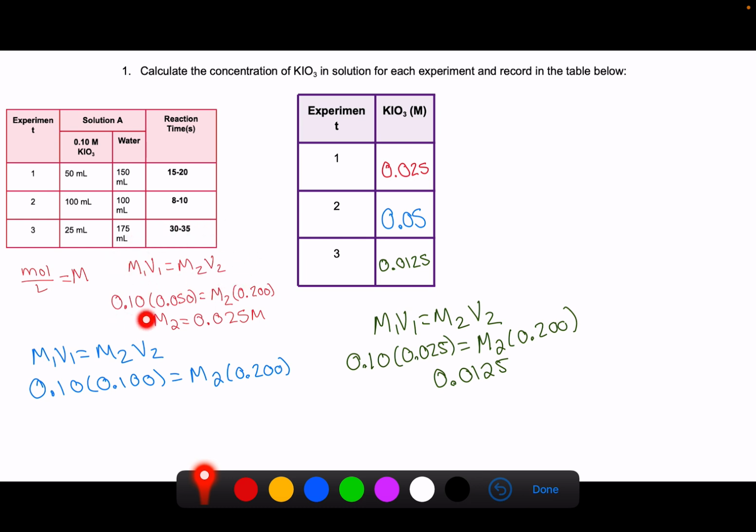I simply take my 0.10, which is my concentration or molarity, and then my volume in liters. That is equal to the M2 and then the total volume in liters, and you solve for your M2. I've done this on all of these, and I've left my math here so you can look at it to check your understanding of that.